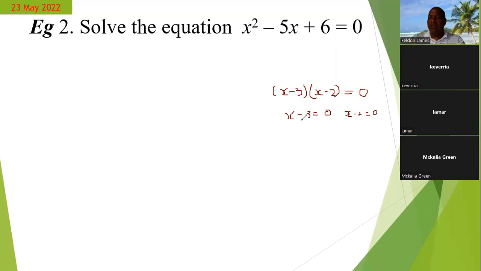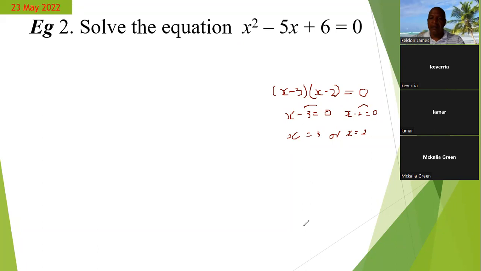And then now you solve by bringing over the values. So x would be equal to 3 or x equal to 2. That is the solution. If you don't do that, you're not going to get full marks. Are you clear? Okay, sir. Yes, so you have to do that, Dorothy.